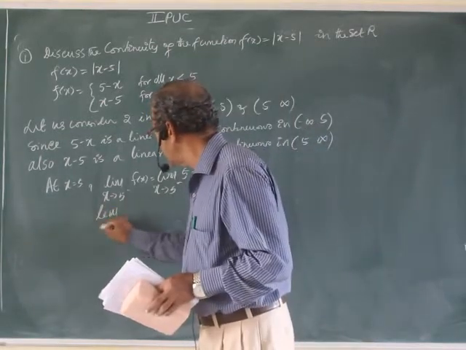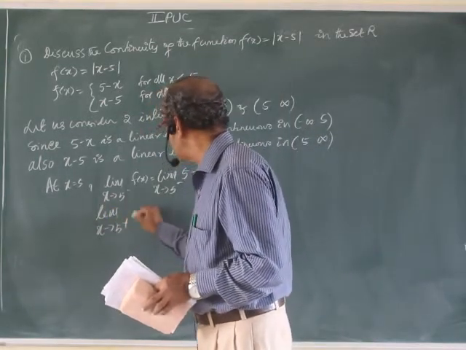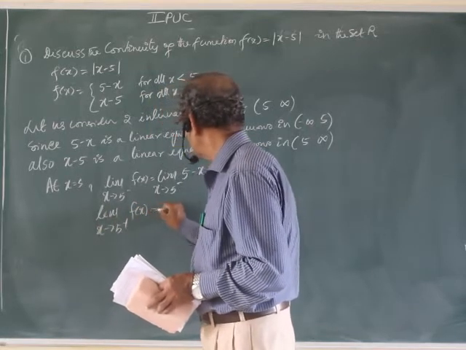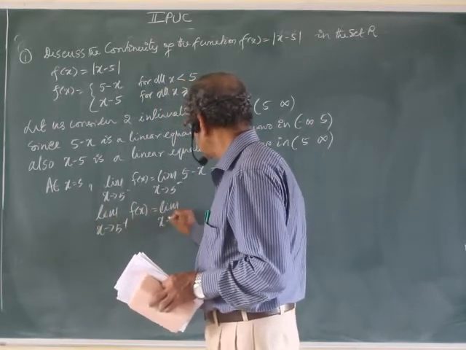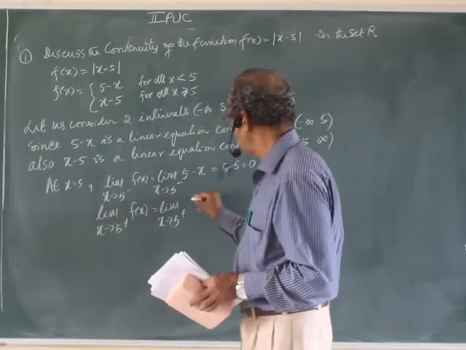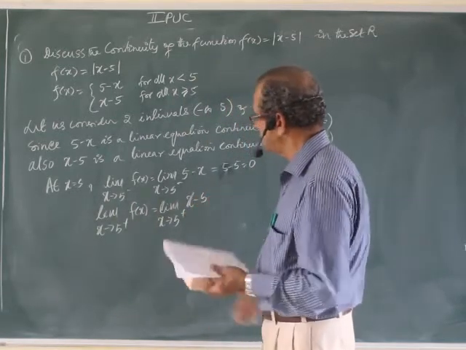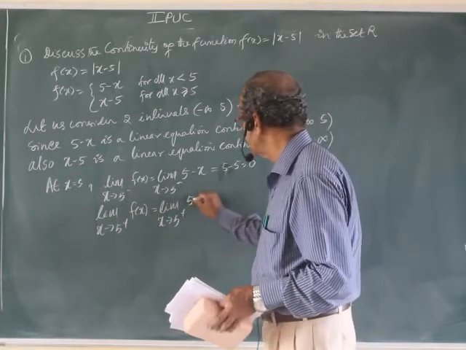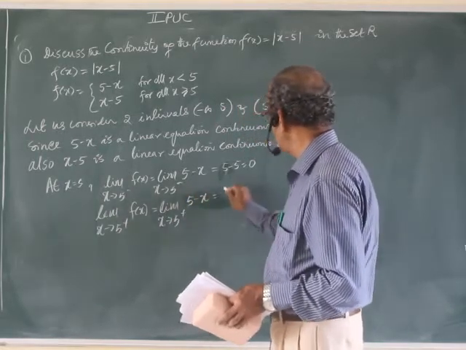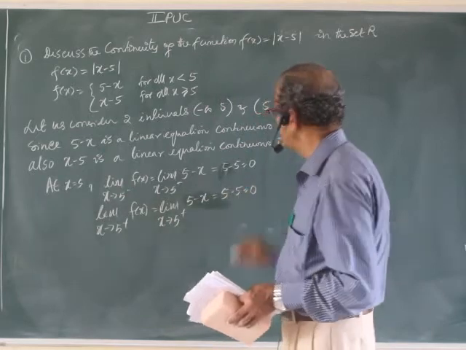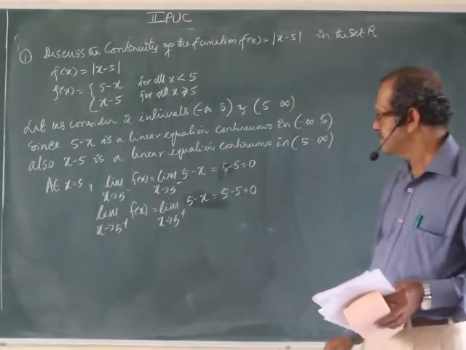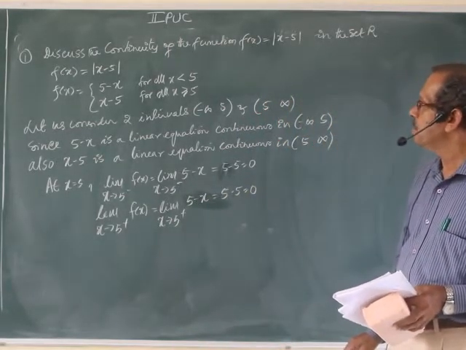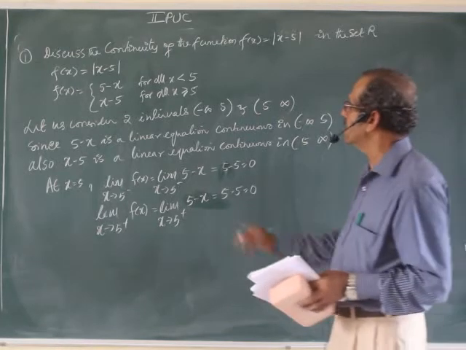Limit x tending to 5 plus f of x, limit x tending to 5 plus of x minus 5, that is 5 minus 5, 0. I made a mistake here.